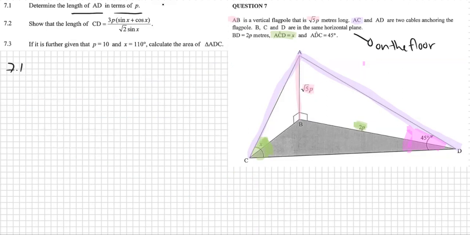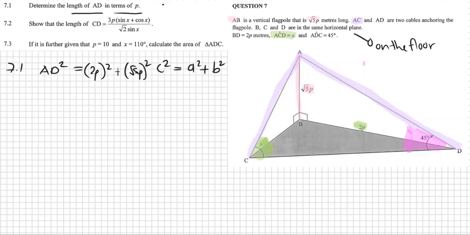Using Pythagoras, we know that AD is the hypotenuse. So AD squared is going to be, Pythagoras says that c squared, which is the hypotenuse, is a squared plus b squared, the two shorter sides of the triangle. AD squared is equal to 2p squared plus square root of 5p squared.